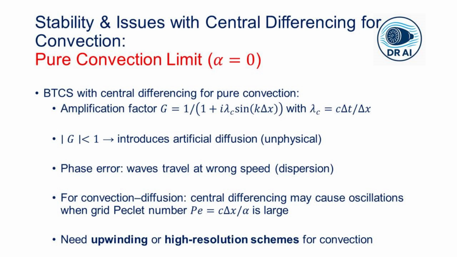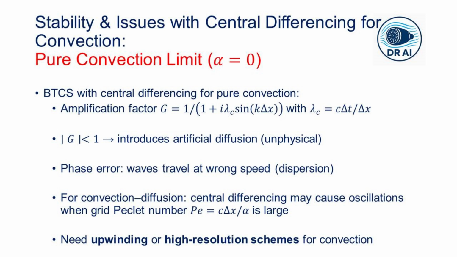For pure convection, the exact solution should have an amplification factor modulus equal to 1, which means the wave should neither grow nor decay. Here we get a modulus less than 1 for all non-zero lambda c and k. That means the scheme introduces artificial diffusion, which is unphysical.